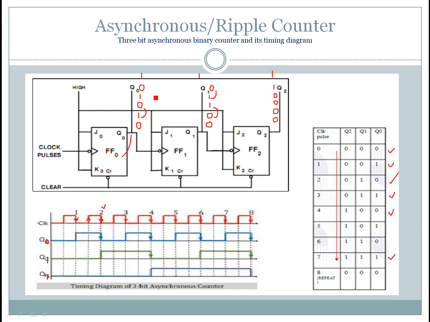So for the next negative edge, the first flip-flop changes its state from 1 to 0, right?